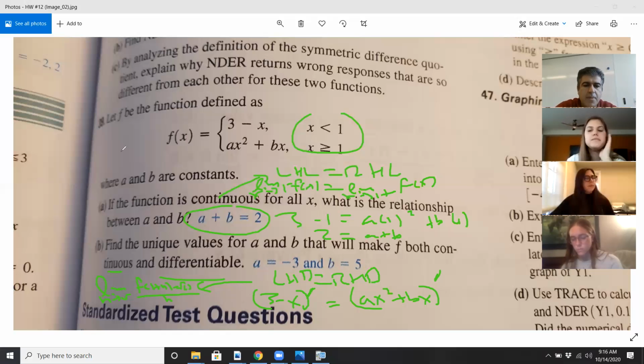Or you can write it as the limit as x approaches 1 from the left side of your derivative. Well, 3 minus x is the function to the left of 1. The derivative of that is going to be negative 1. And the derivative of the right side is going to be 2.